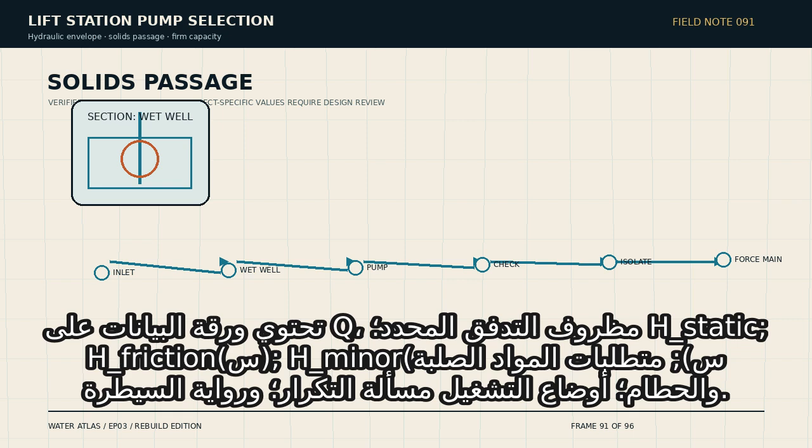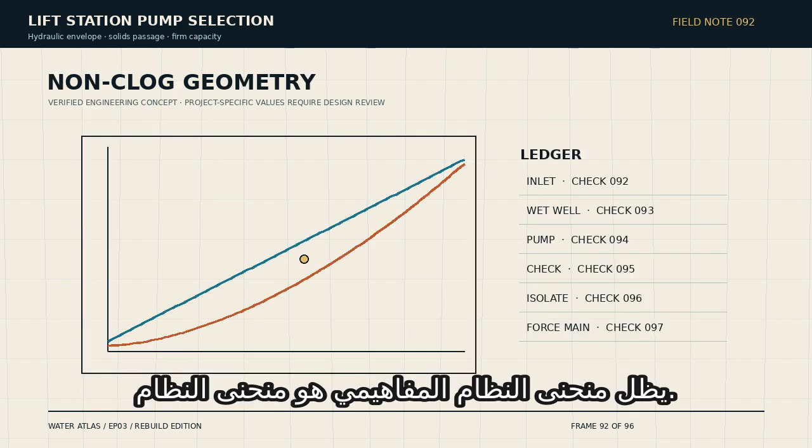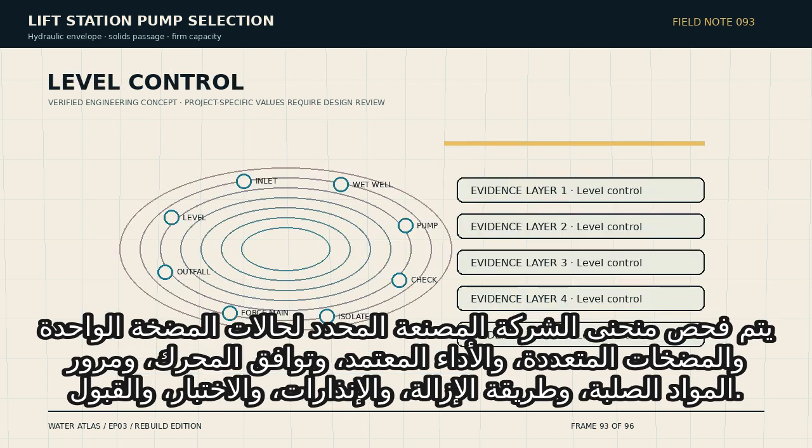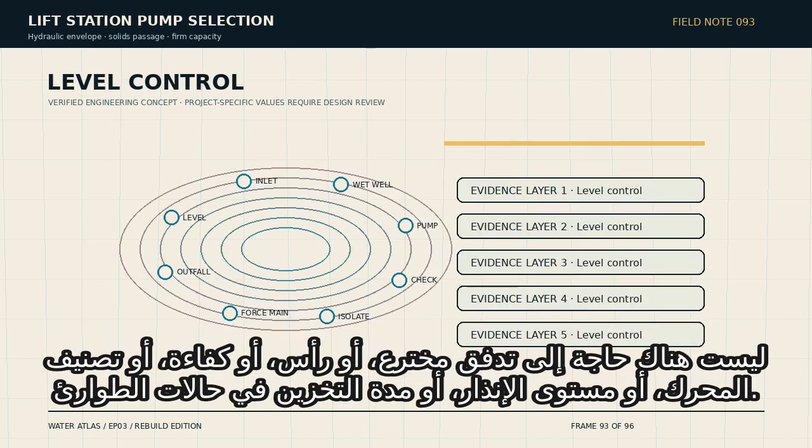The selected manufacturer curve is checked for 1 pump and multiple pump cases, certified performance, motor compatibility, solids passage, removal method, alarms, testing, and acceptance. No invented flow, head, efficiency, motor rating, alarm level, or emergency storage duration is needed.